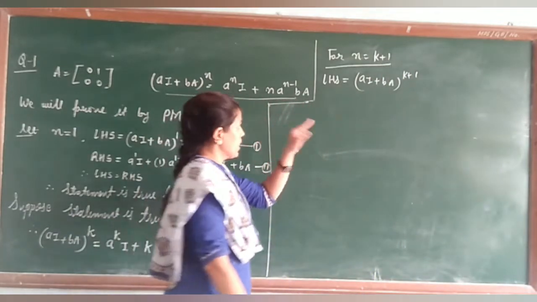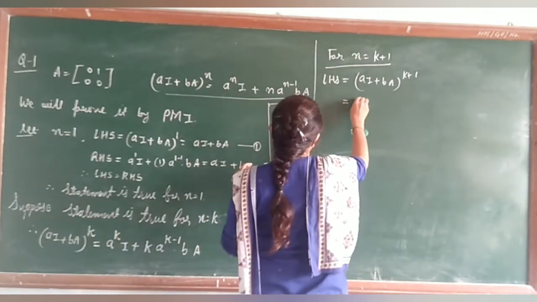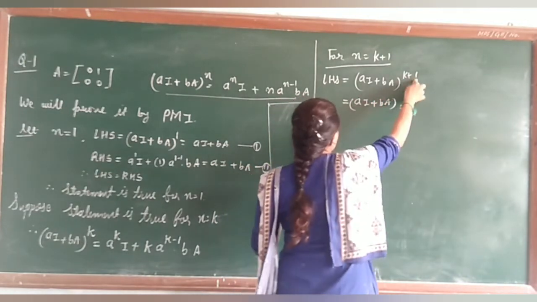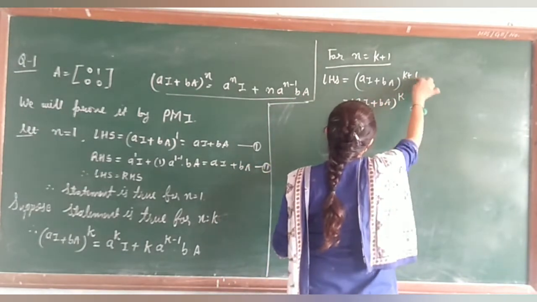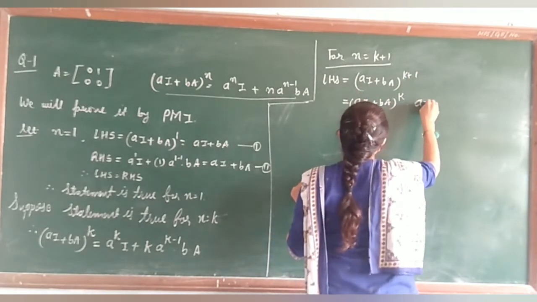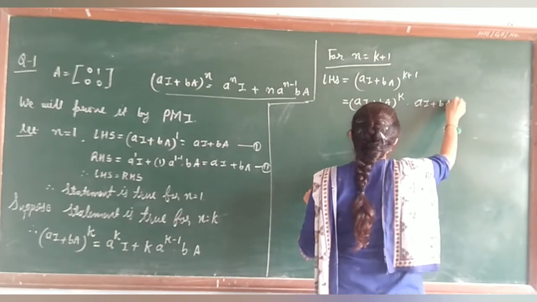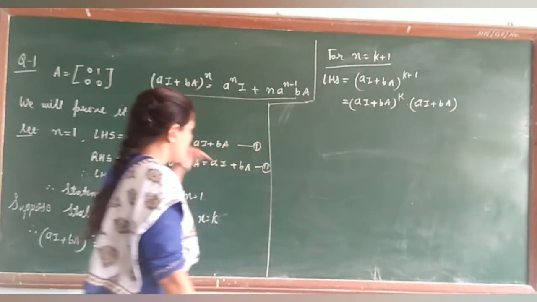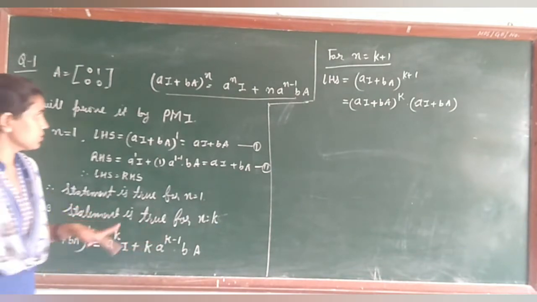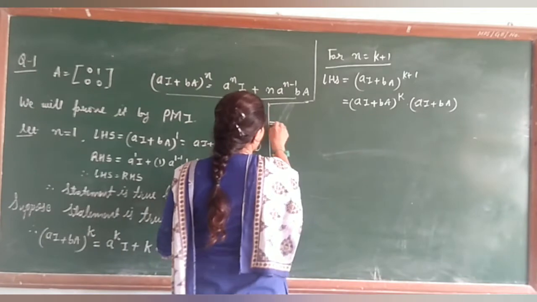Right? So k plus 1, तो हमें क्या करना होगा? (aI plus bA), just इसको पावर्स को चेंज कर दें, तो (aI plus bA) raised to k times (aI plus bA). Now students, up to k है, तो you have a proof for k that (aI plus bA) raised to k is equals to this. So substitute the value here.